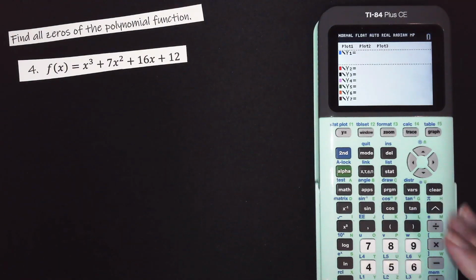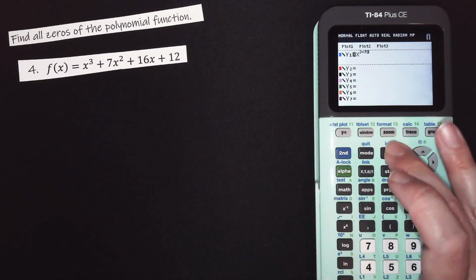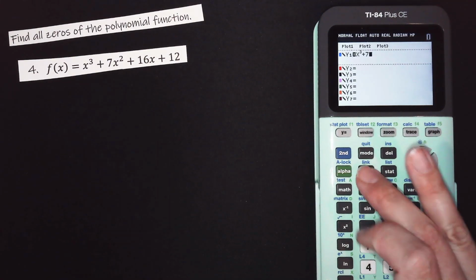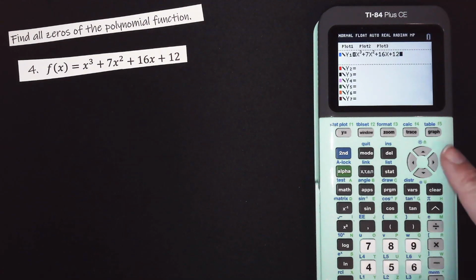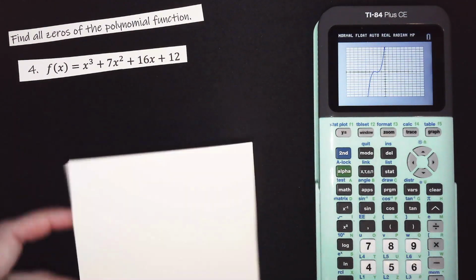I'm going to enter it in our calculator, and we're going to graph it. All right, so I can see for sure that I have a solution here, and that's at negative 3.